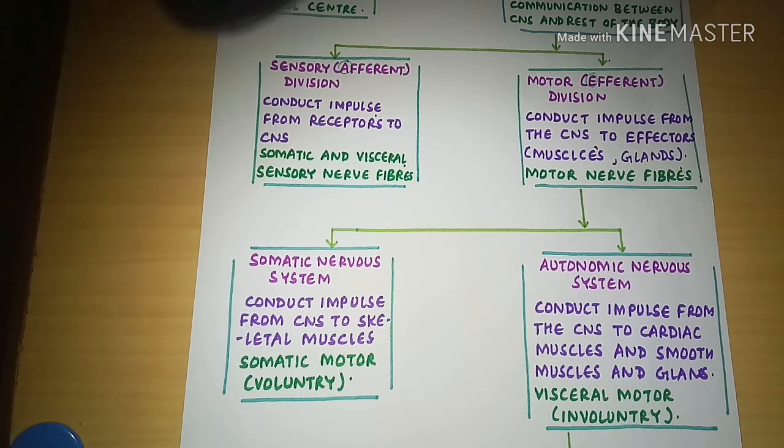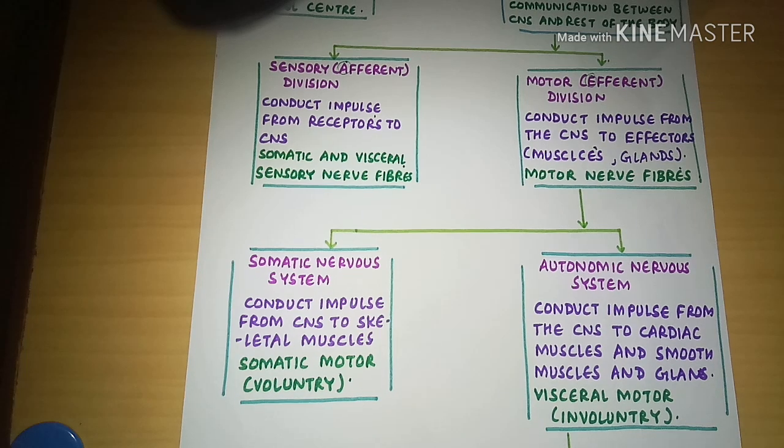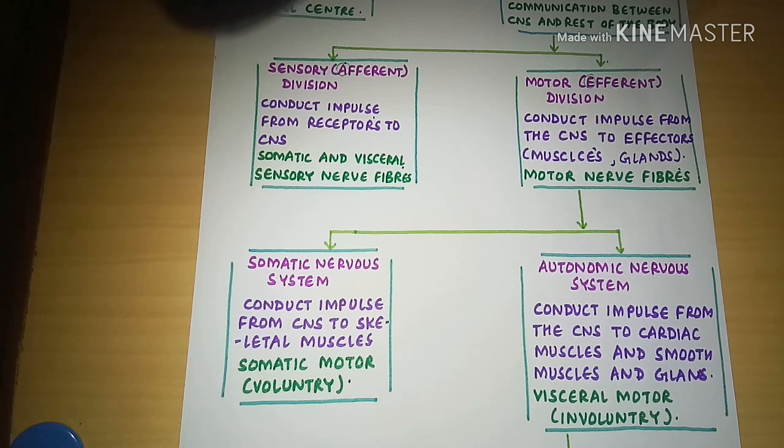The somatic nervous system conducts impulses from the CNS to skeletal muscles. We know that the motor division conducts impulses from the central nervous system to the effector organs. If the impulse is conducted from the central nervous system towards the skeletal muscles, then it is the somatic motor division.